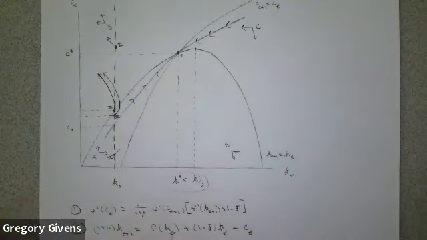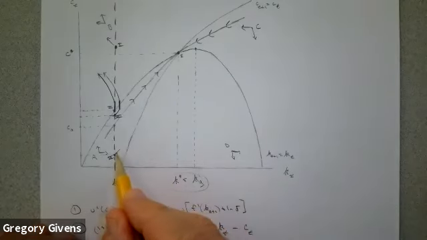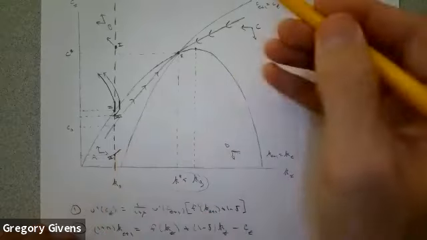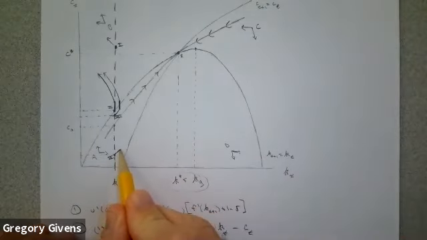Now, what do you think the trajectory looks like as we cross this threshold? It should be perfectly horizontal. Why? Because consumption is not changing over time if you're on the CT plus 1 locus. So any trajectory that crosses this locus has to do so at a slope of 0.